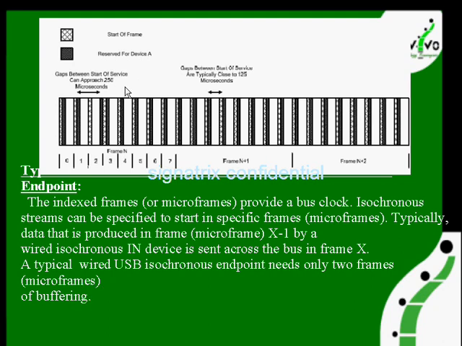For example, one wireless device wire adapter is there, and in its downstream we will have a wired USB device. If it is producing the data at frame x-1, the same data will be sent to the host by the wireless USB device at frame x.